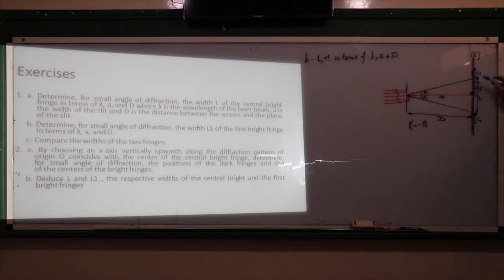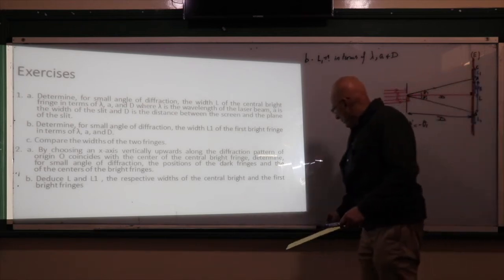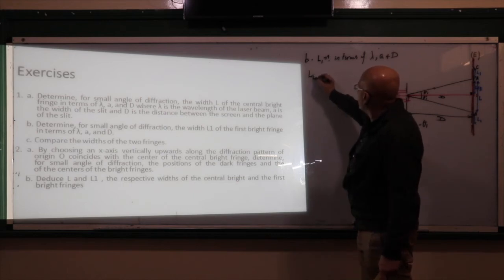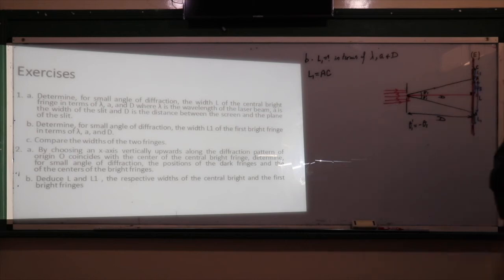So to calculate L1, I am going to call this point C. You have here A, B, this is point C. So L1 that I want to calculate is equal to AC. I have theta 1, I calculated it. It is lambda over A. Look here.